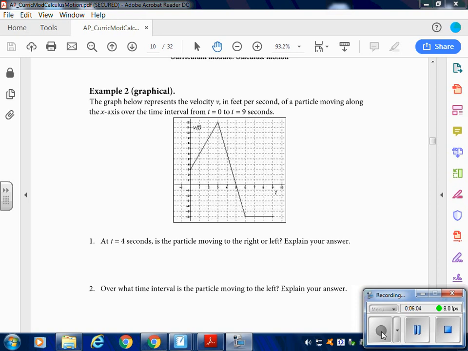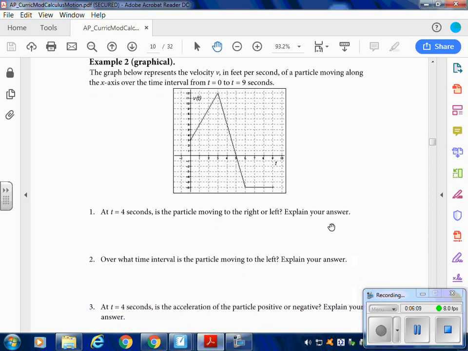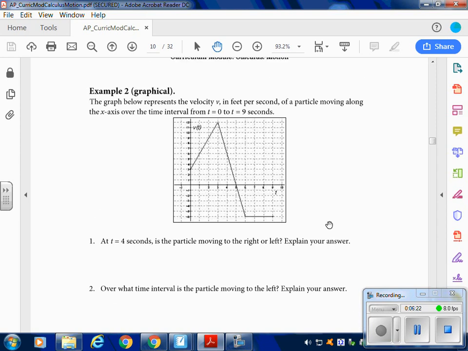All right, the third question said, at t equals 4 seconds, is the acceleration of the particle positive or negative? Explain your answer. So this goes back to what we were just discussing when we were discussing number 1. Acceleration on this graph is all about increasing or decreasing. Hold on, let me read that sentence to you.